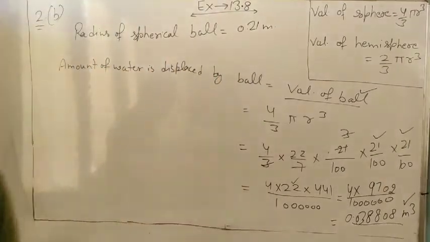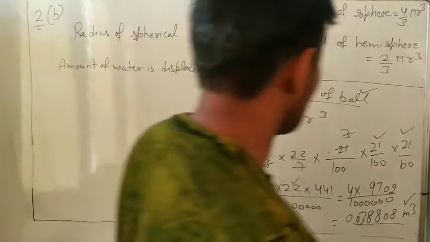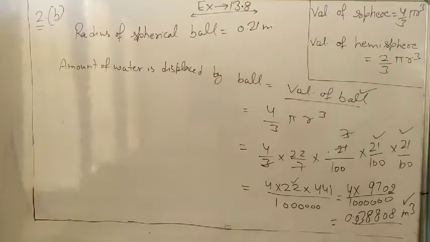What is the answer? I think B part of 13.8 is 0.004851. So where did we go wrong? I think the given answer is wrong. So you can check it.